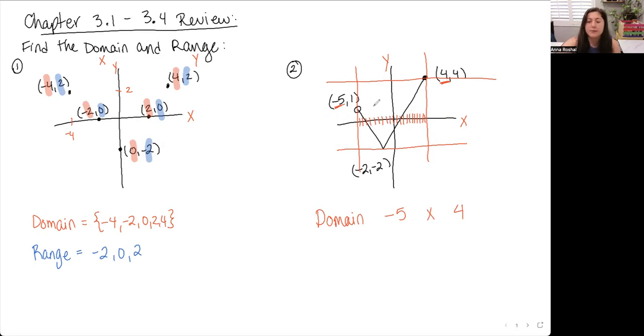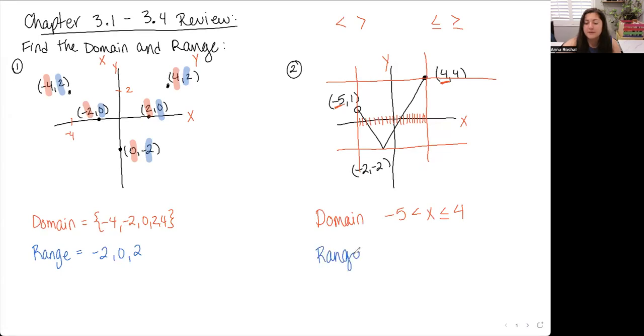I also know that when I have an open circle, that means I have a less than or greater than symbol. And when I have a closed circle, I have a less than or equal to or a greater than or equal to symbol. So in this case, because x is in between these two, we're going to put less than and less than or equal to. So this states that from -5 all the way to 4, those are my values for the domain. Another way of listing it.